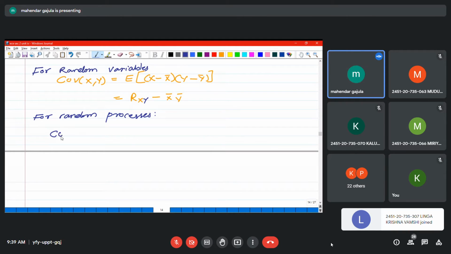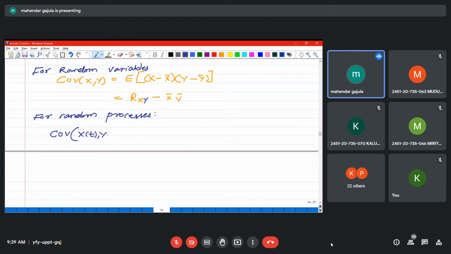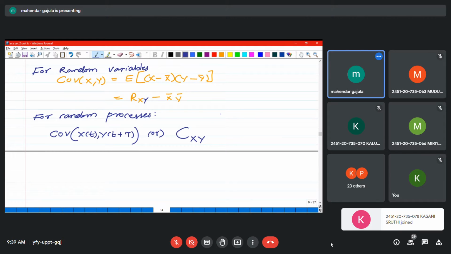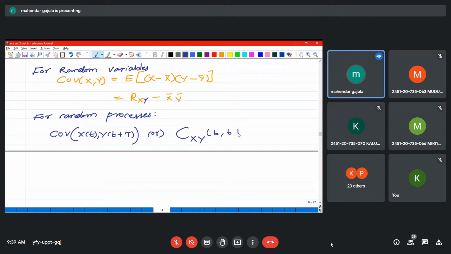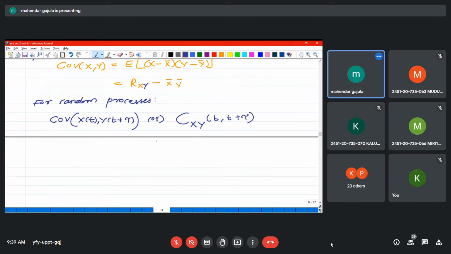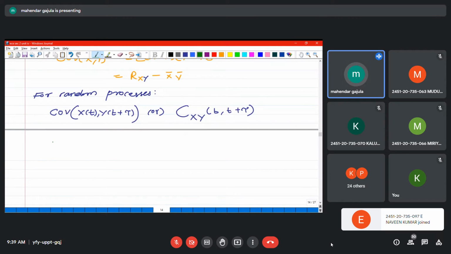So covariance of xt, y t plus tau, or this can also be written as Cxy, t comma t plus tau. Let me write the formula for autocovariance.